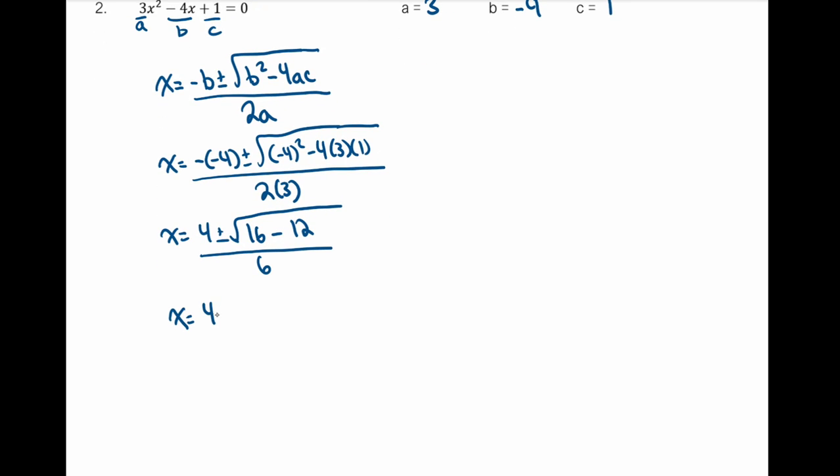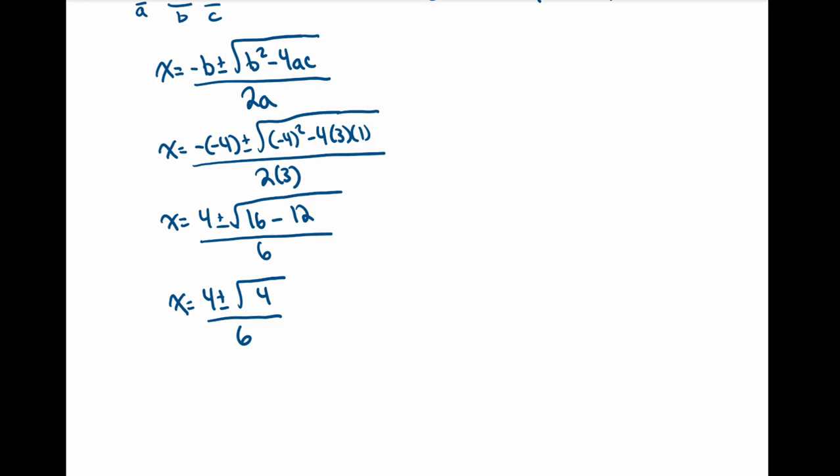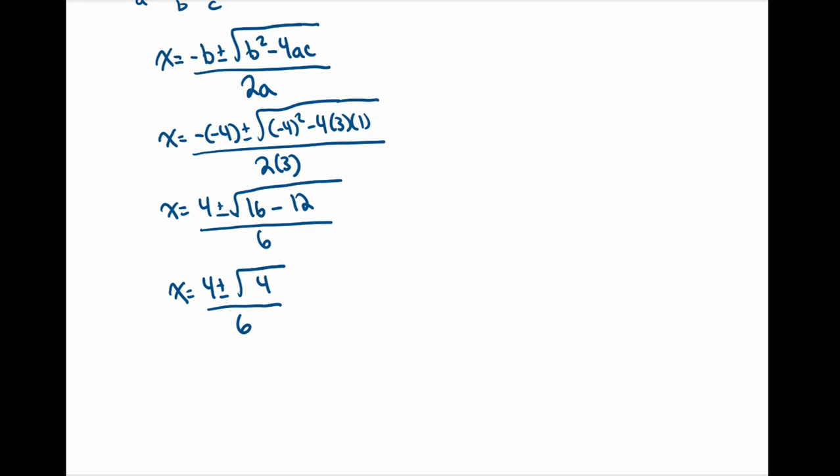X equals 4 plus or minus the square root of 4, all divided by 6. Here, we don't really have to worry too much about our exact roots because we do get a nice square root here. So again, I can simplify this a bit further. X equals 4 plus or minus 2 divided by 6.